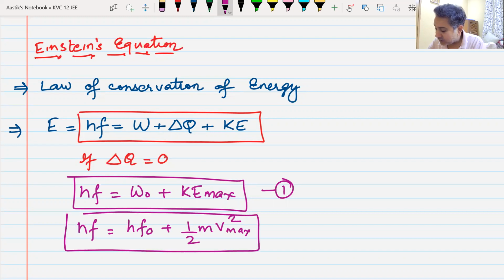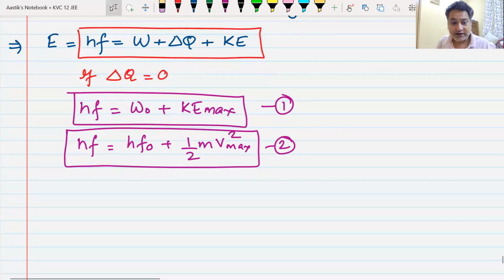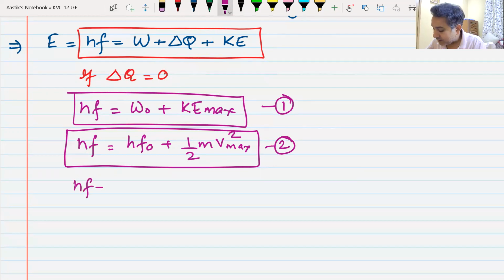Sometimes they might ask you the velocity of the electron that is coming out. Very rarely, but they can ask you. So you can write it like this. Everyone is getting my point, yes or no? You can write it in this way: hf equals hf naught plus the maximum kinetic energy, which is equal to e into V naught.